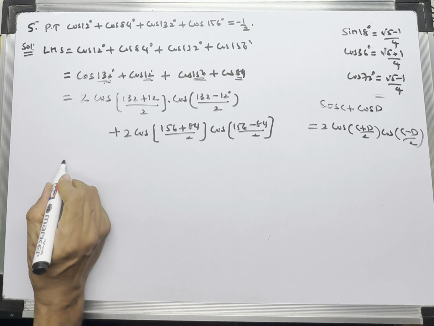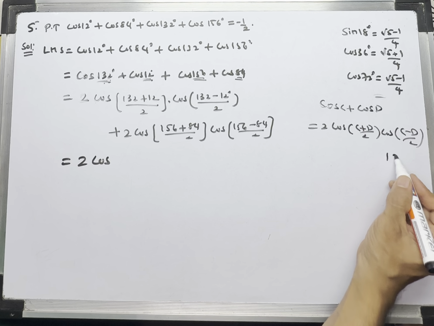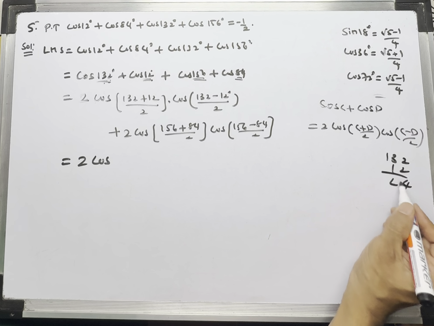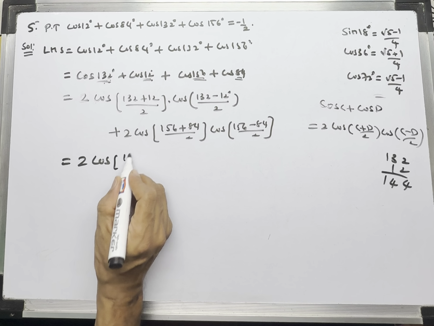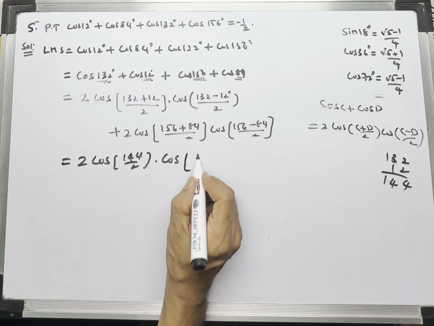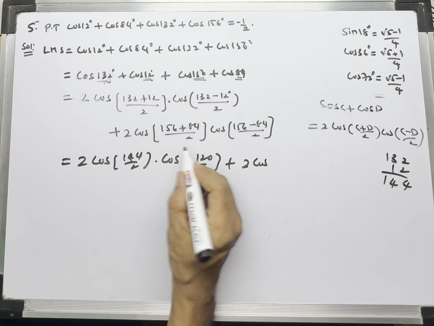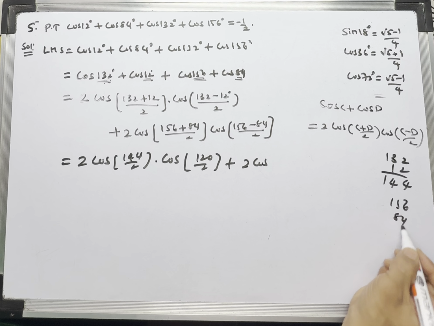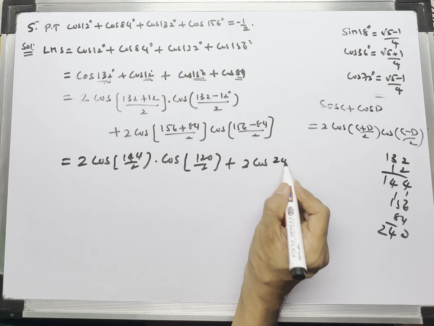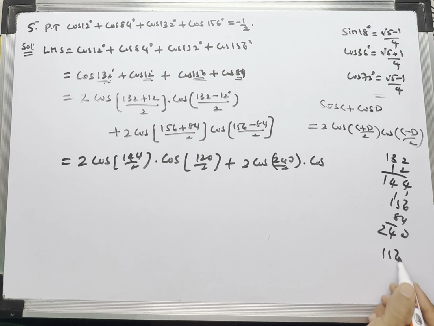After that, 2 into cos of 132 plus 12, that is 144, divided by 2, into cos of 120 divided by 2, plus 2 into cos of 156 plus 84, that is 240, divided by 2, into cos of 156 minus 84.